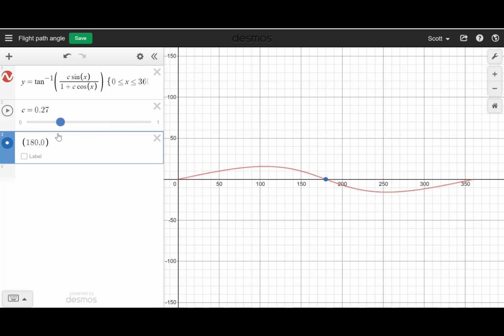You get closer and closer to a pitch of 0, a flight path angle of 0. That is, the angle between the horizon and the velocity is always 0. It's 90 degrees between the radial vector and the velocity.